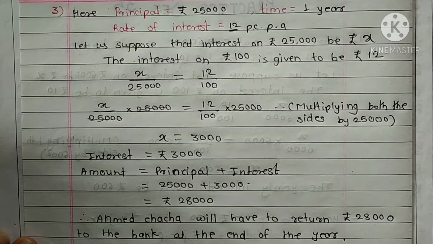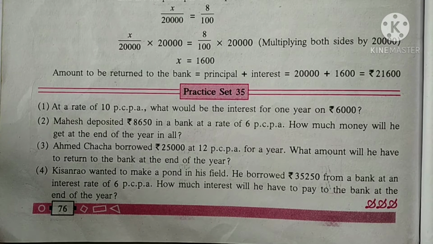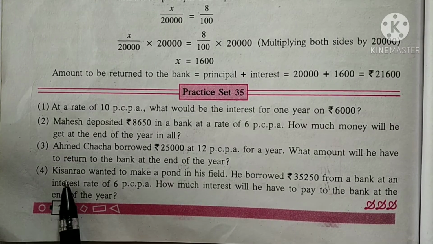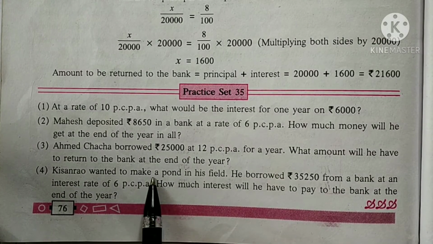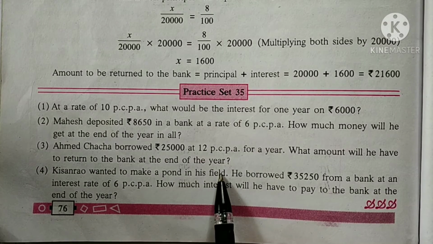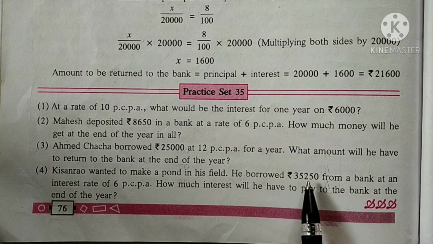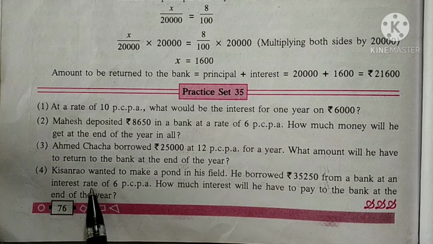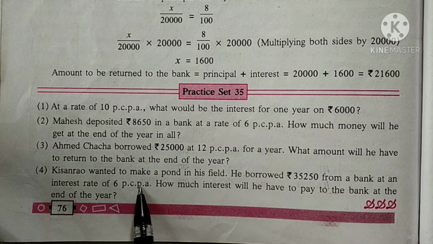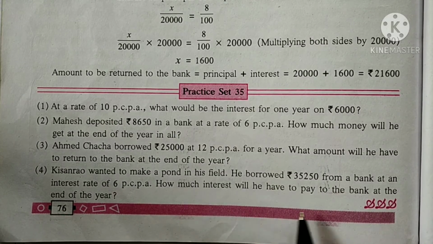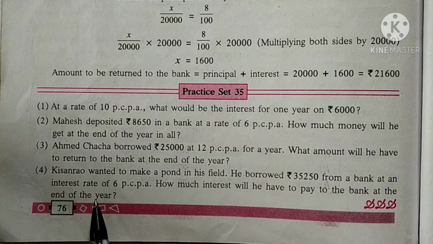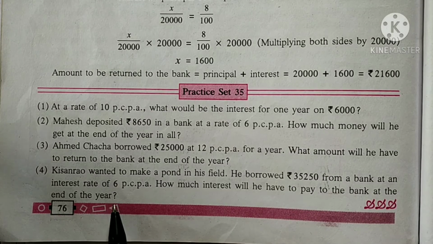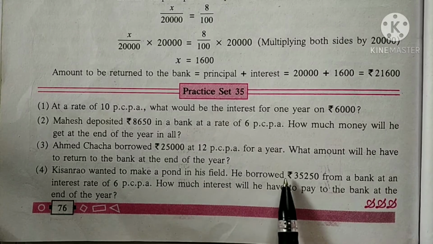Now see last example. Question is, Kishan Rao wanted to make a pond in his field. He borrowed rupees 35,250 from a bank at an interest rate of 6 PCPA. How much interest will he have to pay to the bank at the end of the year?